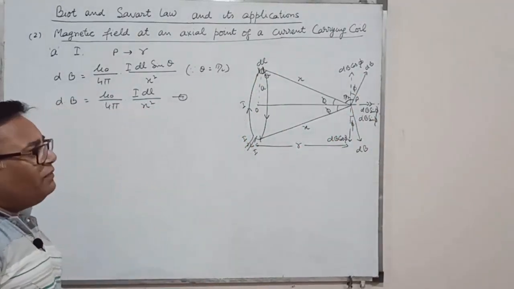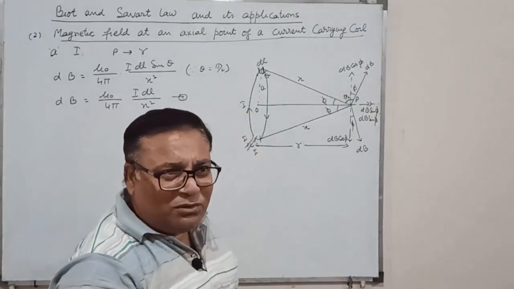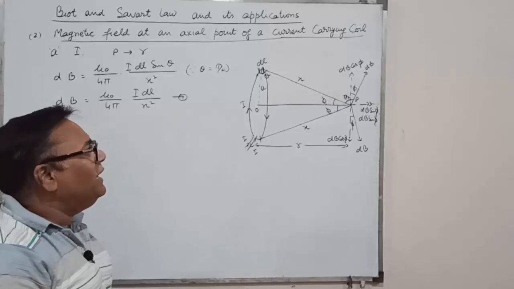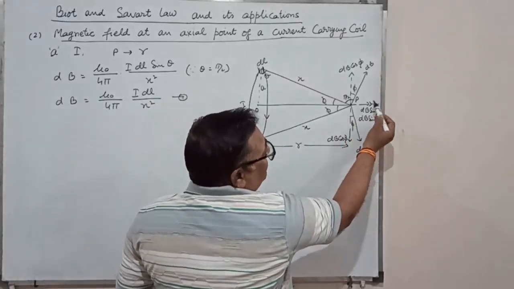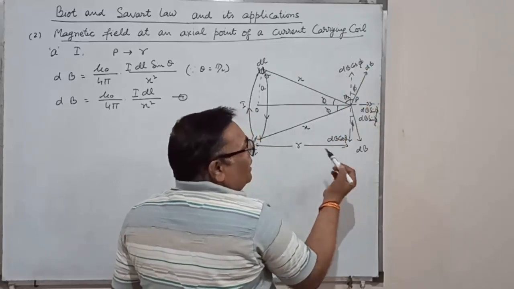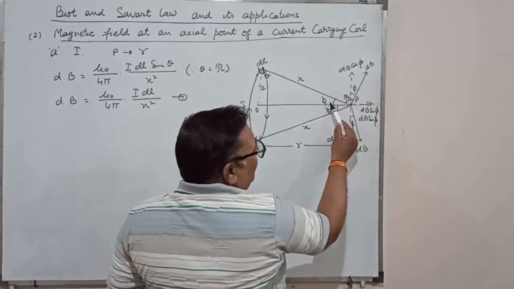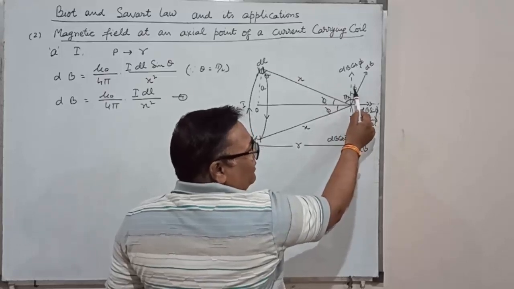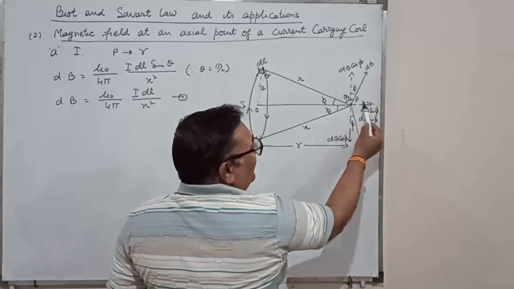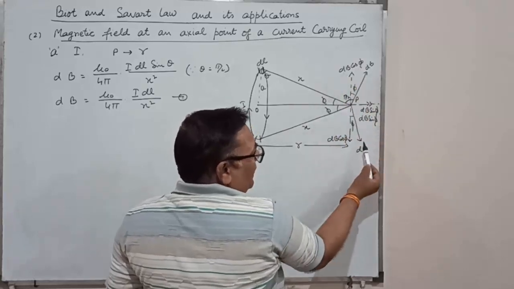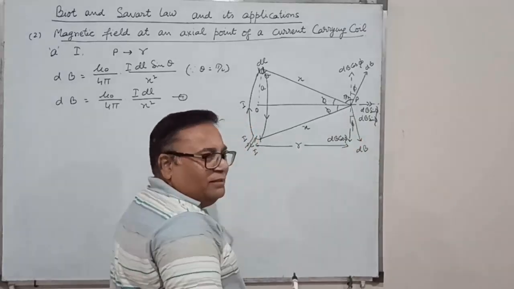Now resolve this magnetic field intensity along and perpendicular to the axis of the coil. This direction is along the axis and this direction is perpendicular to the axis of the coil. This angle is phi, this angle is also phi. dB sin phi and dB cos phi here, and from this also dB sin phi and dB cos phi.